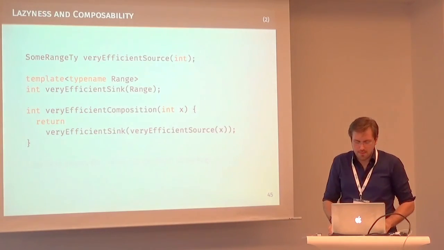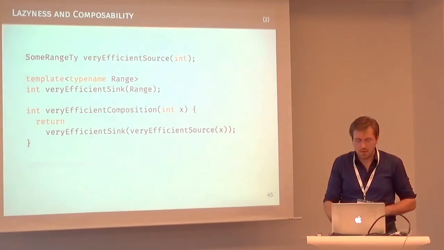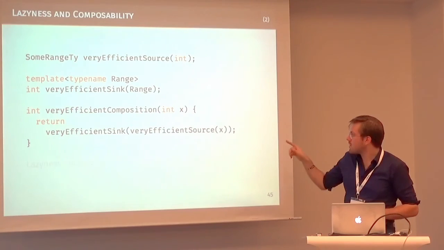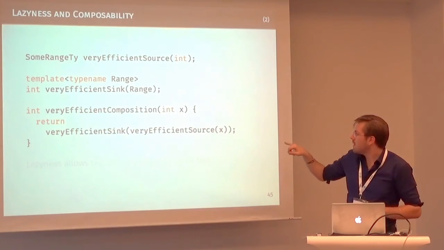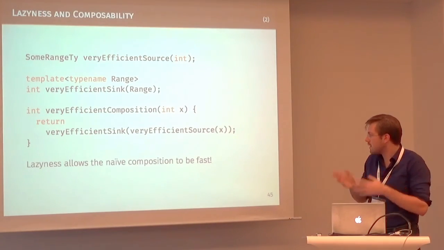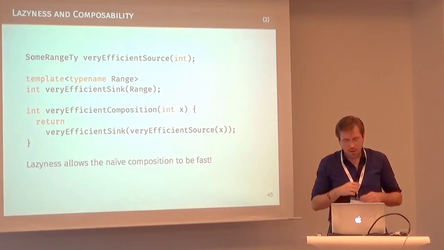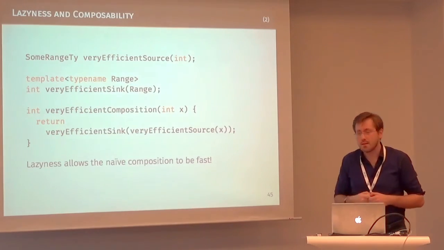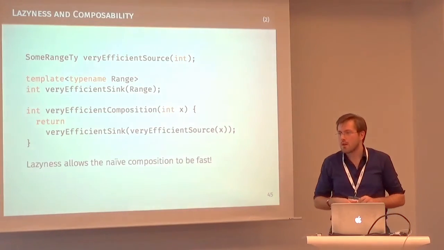So you can still write and optimize the single functions. And now the composition, which is the same code as before, suddenly the naive way to compose the functions is also fast, okay? Because we are lazily creating the sequence and we are lazily consuming the sequence, okay?